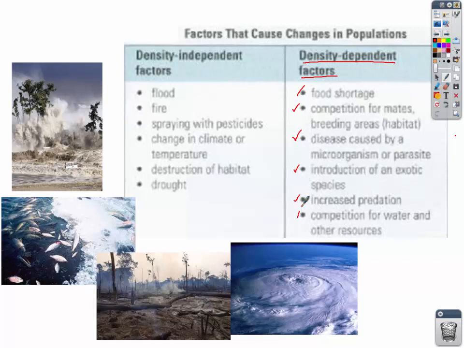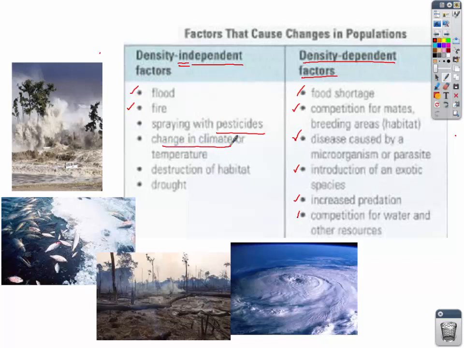But then there are also density-independent factors. They're independent of the population of a species. These are things that could happen to a small population, and they could happen to a large population, unlike the density-dependent factors. So if you think about it, a flood, a fire, humans coming in and spraying pesticides, change in climate.